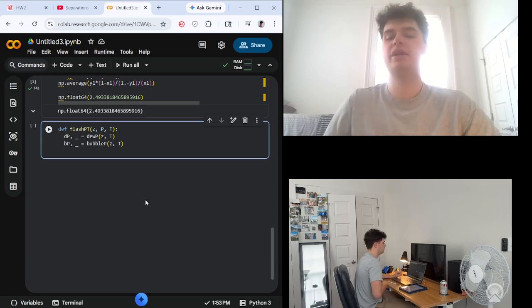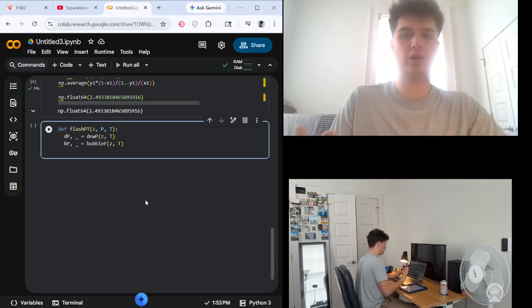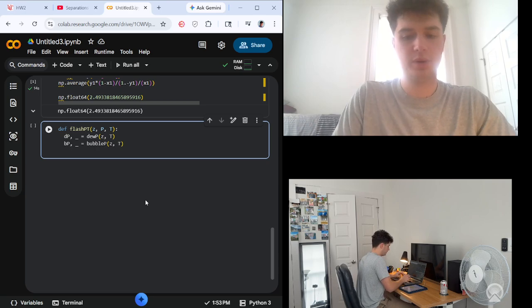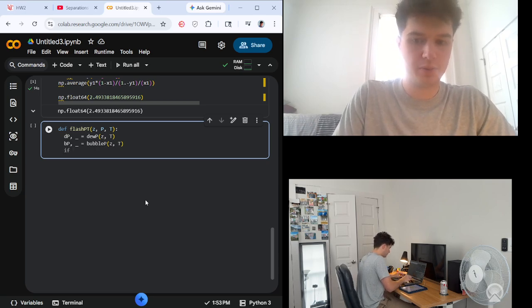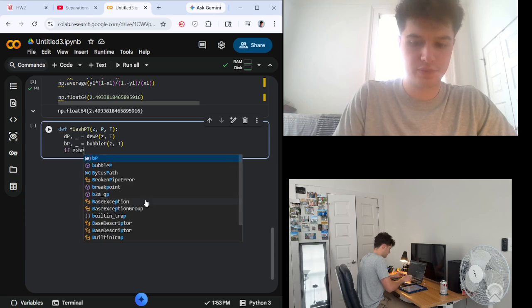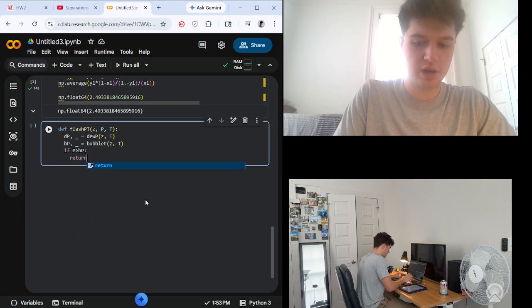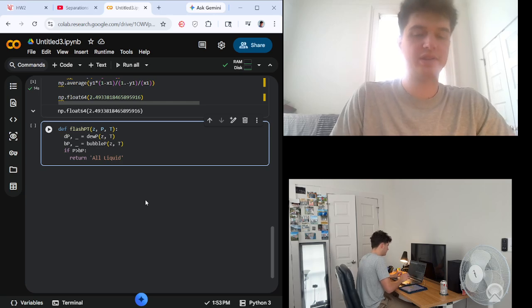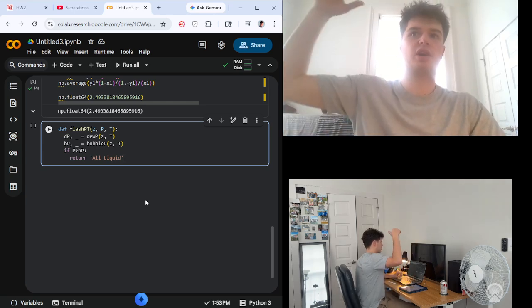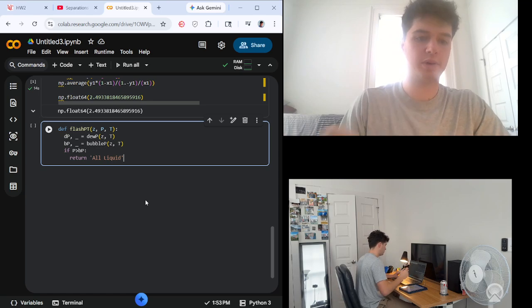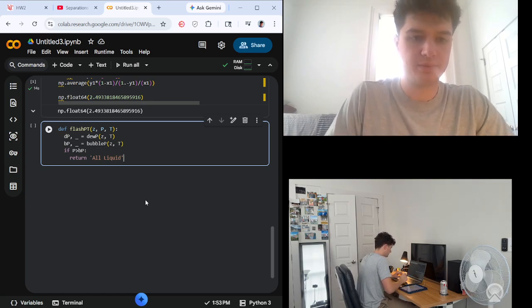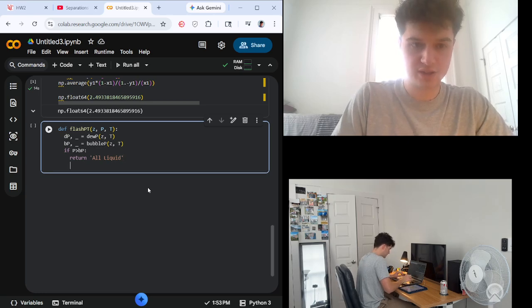Now we need to create an if statement to show whether it's all liquid or all vapor. And so we're going to say if our pressure is greater than our bubble pressure, we want to return an all liquid statement. This is saying that if the pressure has gone above our bubble pressure, then it's obviously going to be all liquid. And now we need to do the same thing if it's all gas.